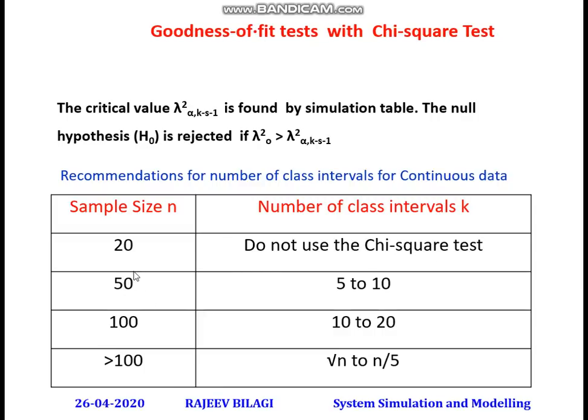If 50 numbers are there, the number of class intervals should be 5 to 10, because the expected frequency should always be greater than or equal to 5. Similarly, for 100 you will have 10 to 20. If numbers are greater than 100, then square root of n to n by 5. This is basically to find out the number of class intervals.